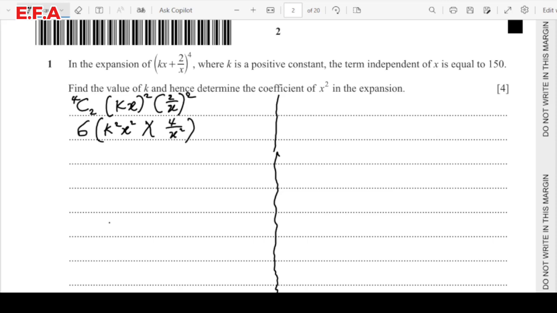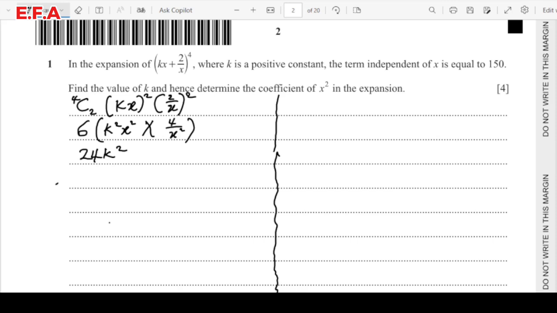Now you see that the x squared terms cancel off, and we're left with 4 times 6, which is 24k squared. There's no more x, so this is the term independent of x, and we are told that the term independent of x is equal to 150.